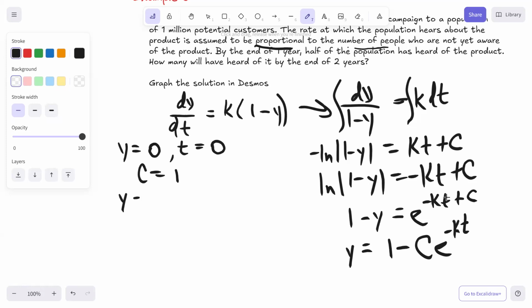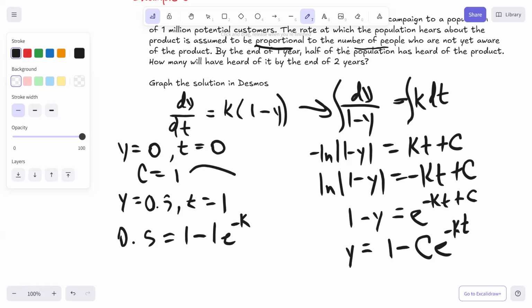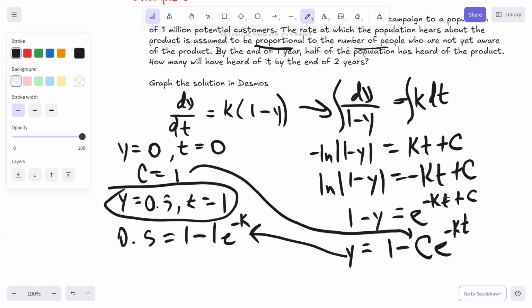Similarly, y is going to be equal to half, so 0.5, when t equals 1. So this means that 0.5 equals 1 minus 1 e to the negative k. So all I'm doing is putting c equals 1 in for c, and then substituting 0.5 and 1 in for y and t.